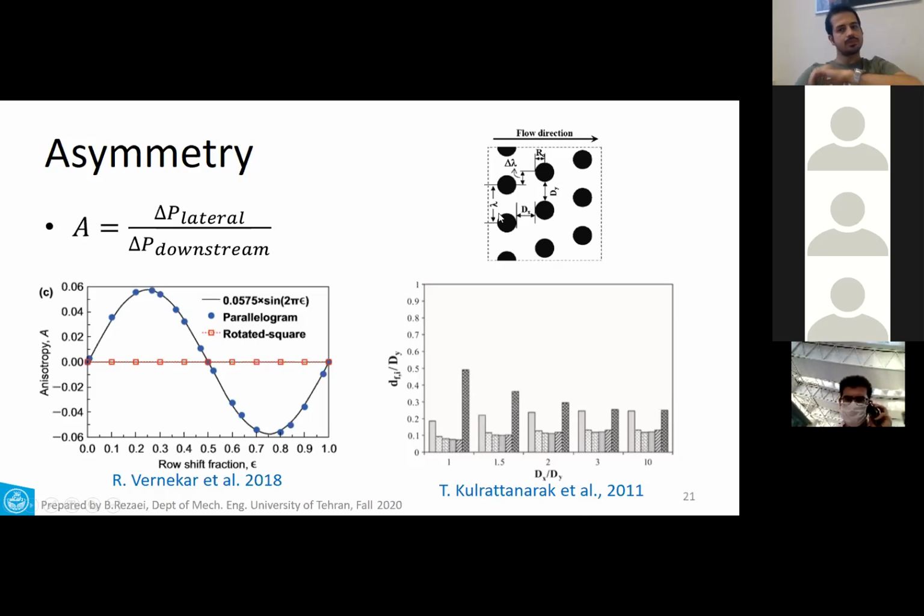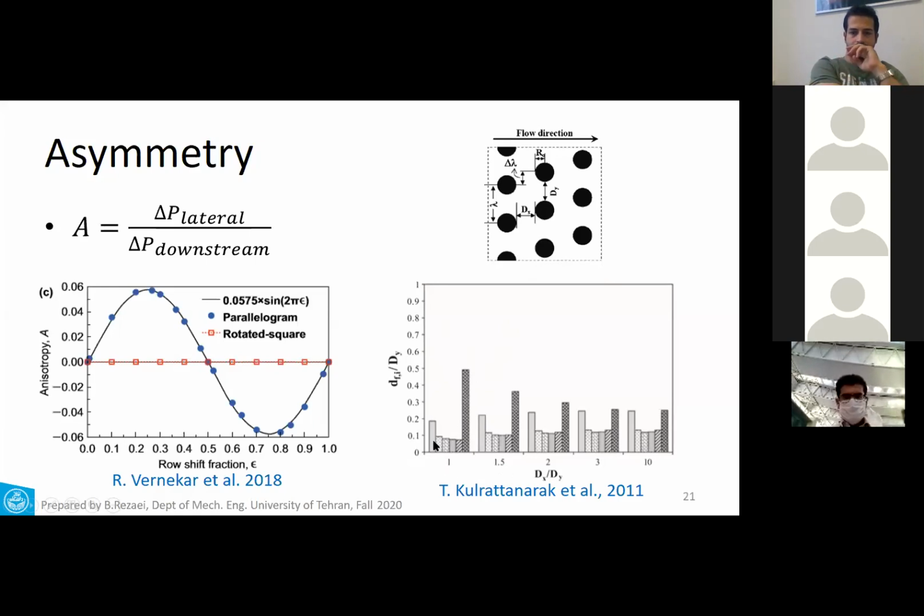And as I told you before, when the fluid passes these obstacles, it is divided into some lanes. So if there is some kind of symmetry here, the flowing lanes that are being made should have the same widths. And you see that when dx equals dy, it is not the same width. Look at this image for dx equal dy.